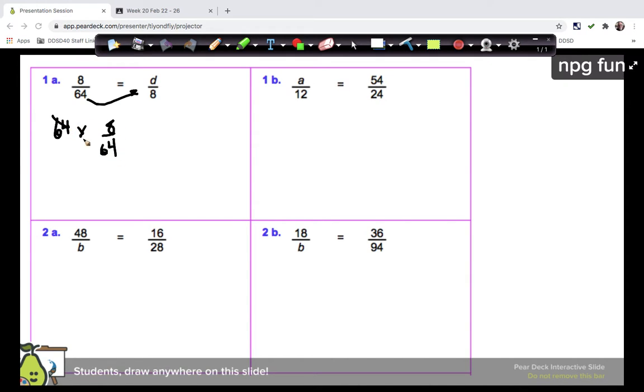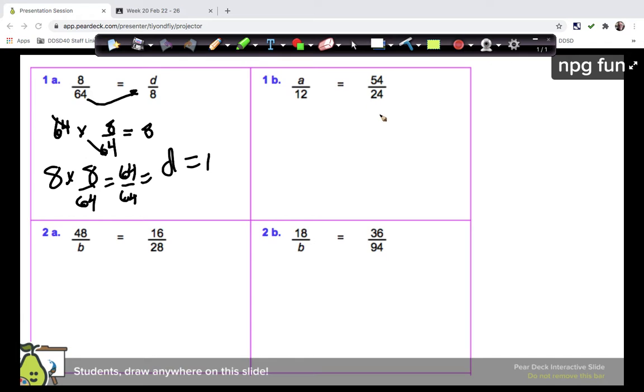I want to show how this works: if I divide 64 by 64, I get 1, and this is equal to 8. So I could multiply 64 times 8/64 to get 8. So I multiply 8 times that same thing, 8/64, and that's 64 over 64. So that's where we can get D is equal to 1.